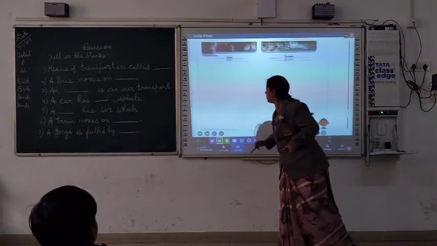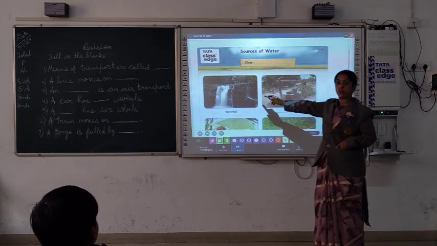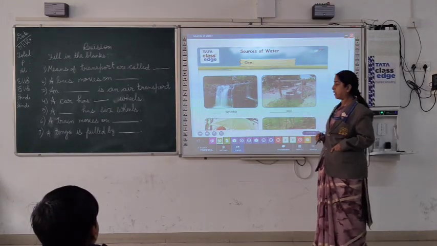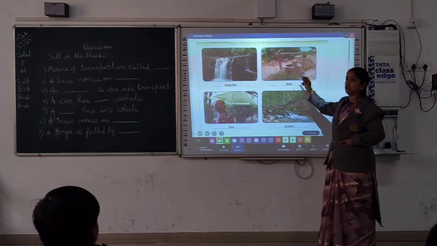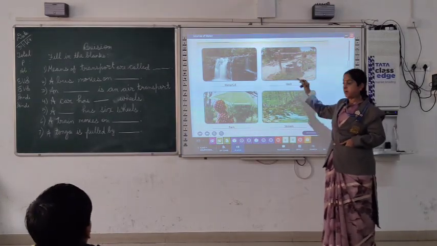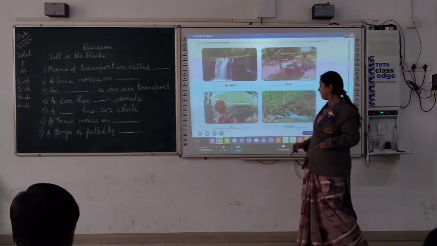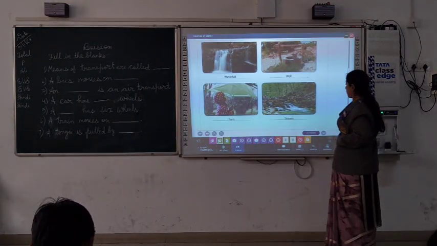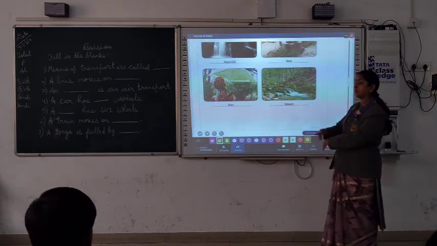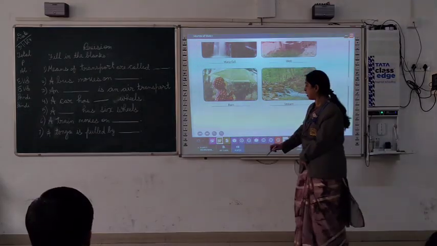Then next few examples. This is a waterfall. Then this is a well. A well is the underground source of water. Then rain is the main source of water, and this is a stream. So all these are different sources of water.